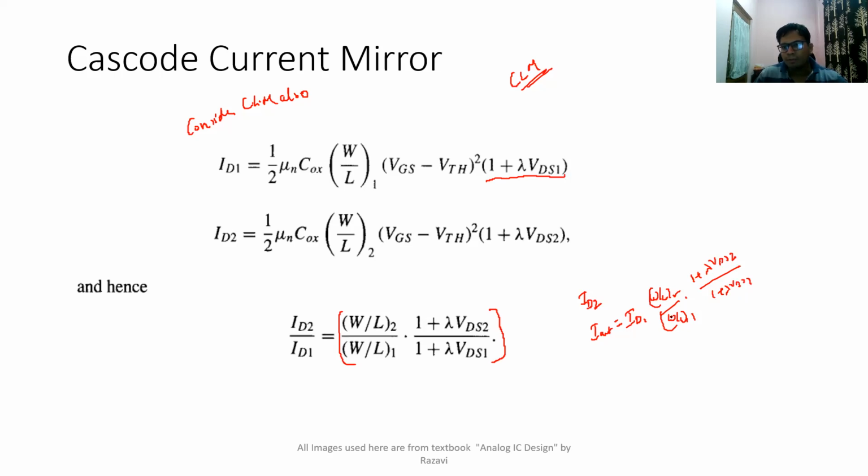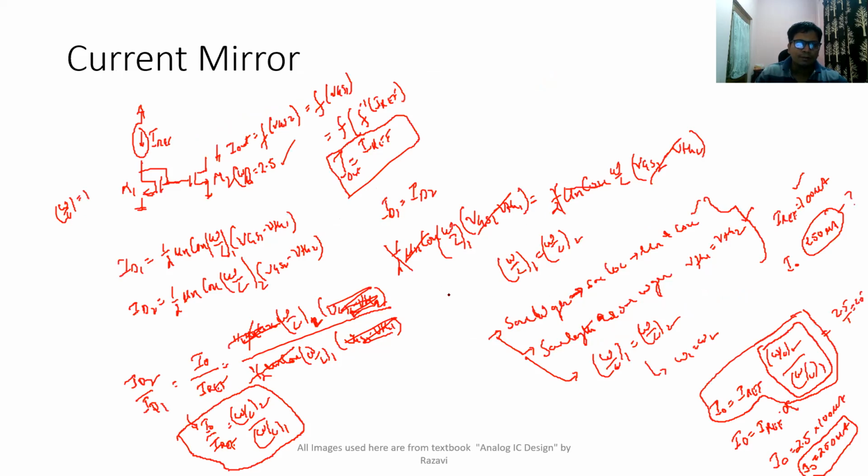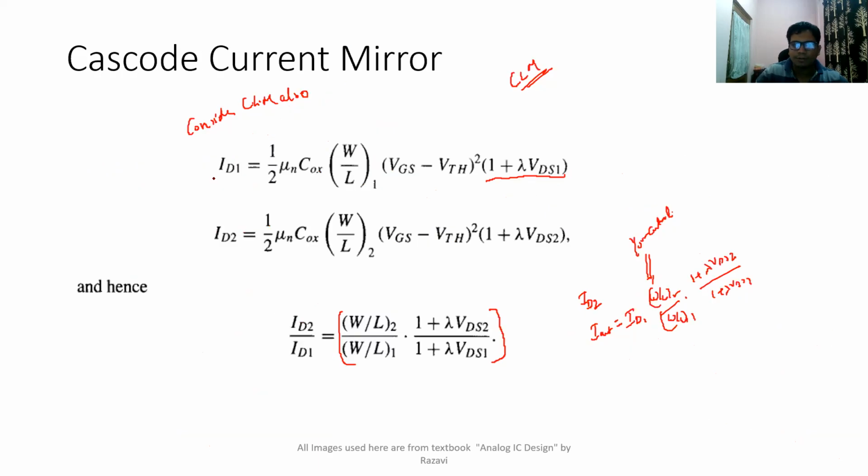W by L of 2 and W by L of 1 are completely under your control, and you can design whatever value you want. But the problem is VDS1. VDS1 is the drain to source voltage of this transistor, and VDS2 is the drain to source voltage of this transistor. Let me draw it here again.